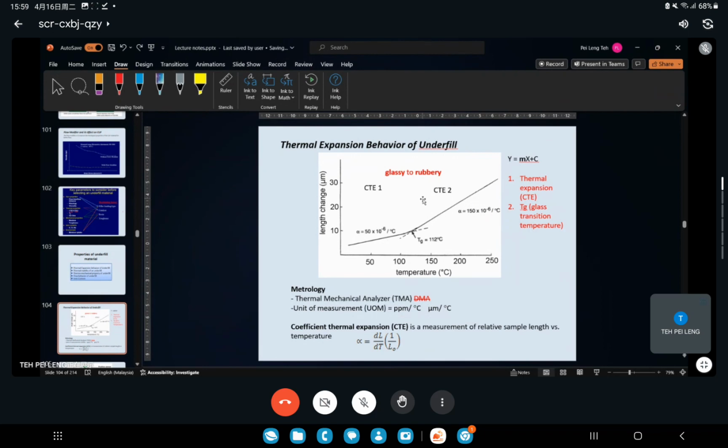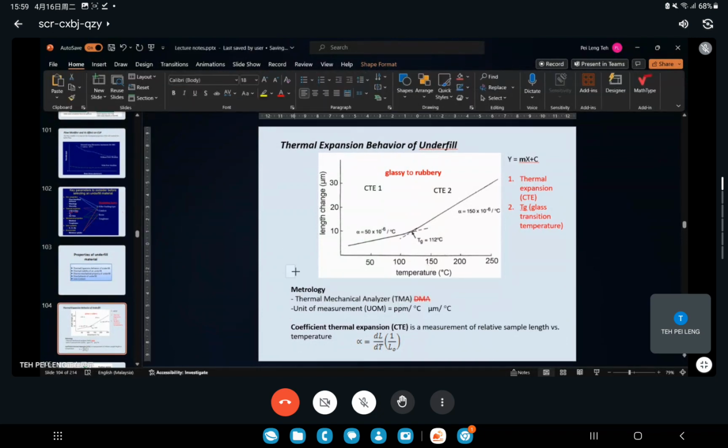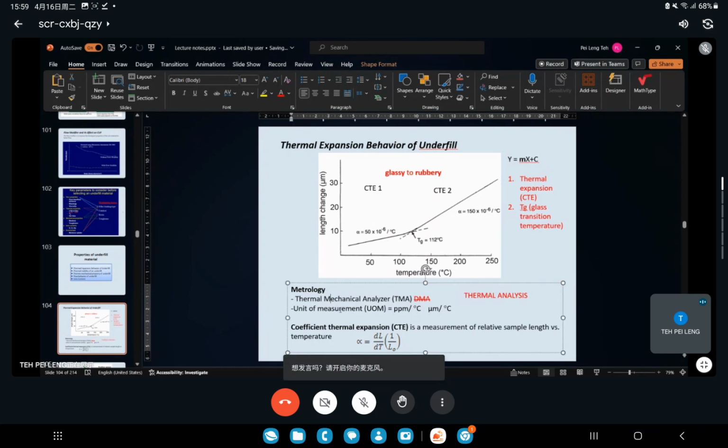So, first thing you see, thermal mechanical analyzer. So, thermal mechanical analyzer is also one of the thermal analysis, because it's using thermal.